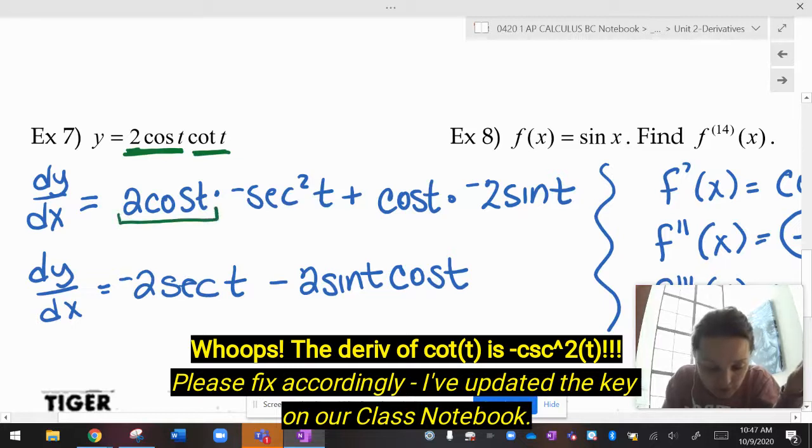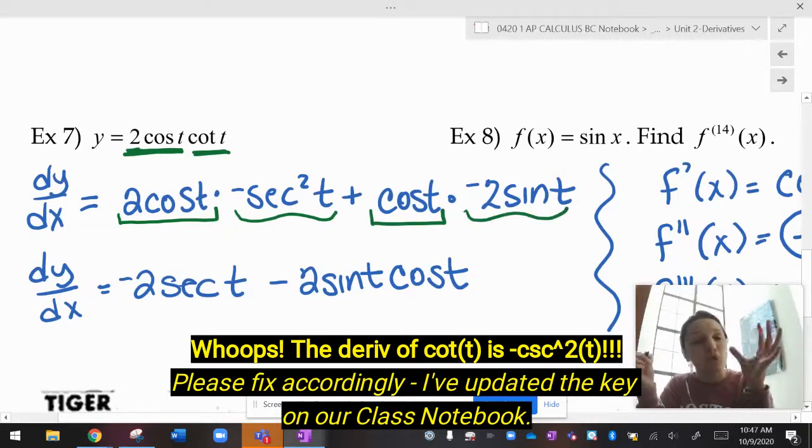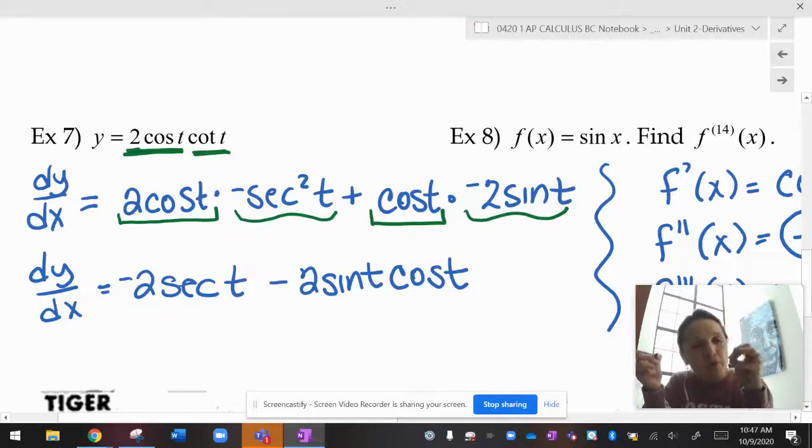So there's the first times the derivative of the second plus the second times the derivative of the first. So I kind of attach the 2 to the first part of the product. Then I realized cosine times secant: secant is 1 over cosine, so cosine times secant actually cancels out one of the secants. So this becomes negative 2 secant t minus 2 sine t cosine t.